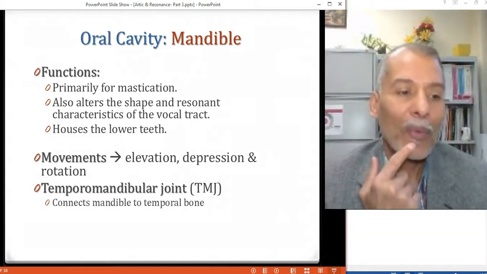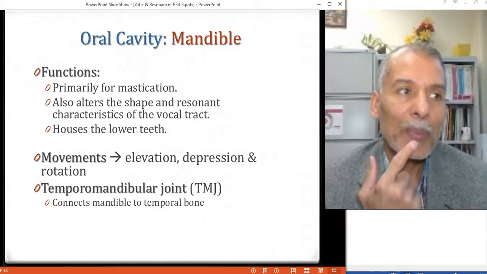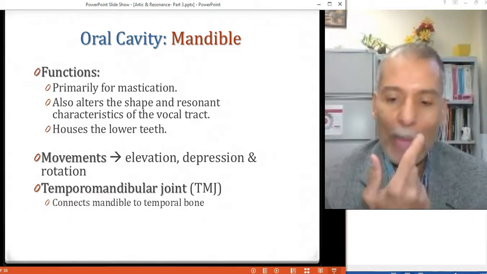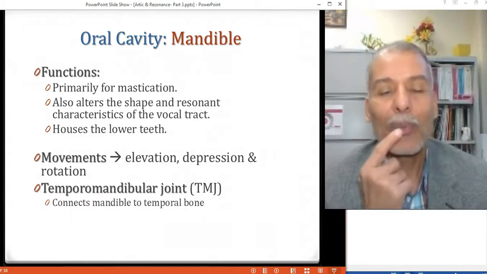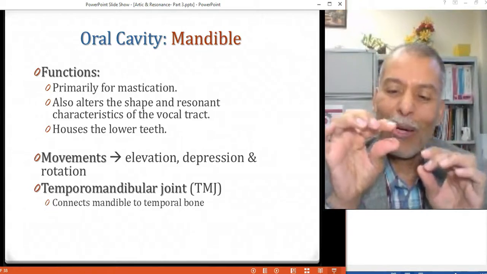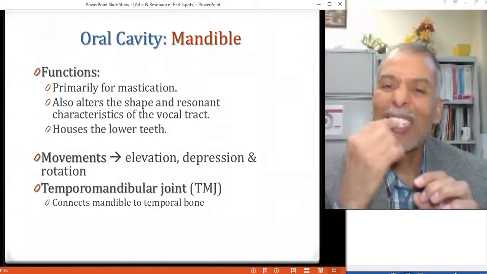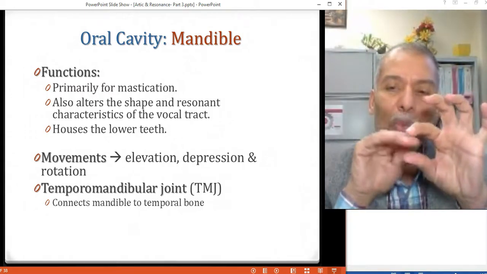For example, when you make the th, you need to bring the lower teeth up to a certain distance from the upper front teeth, and then you put your tongue between.